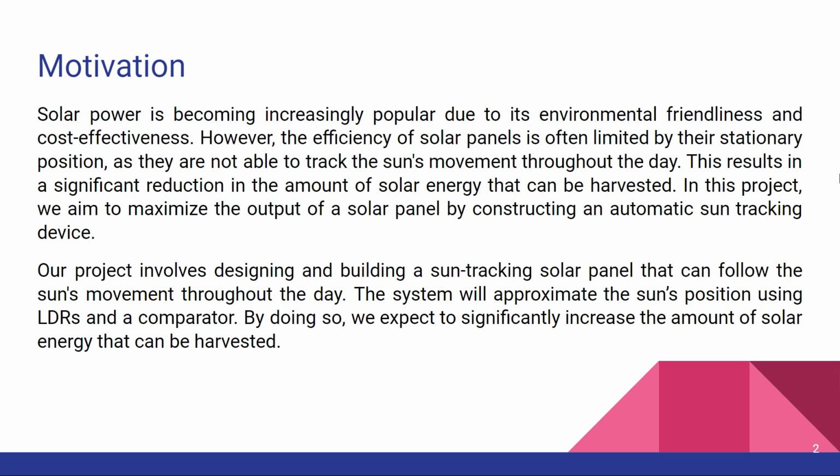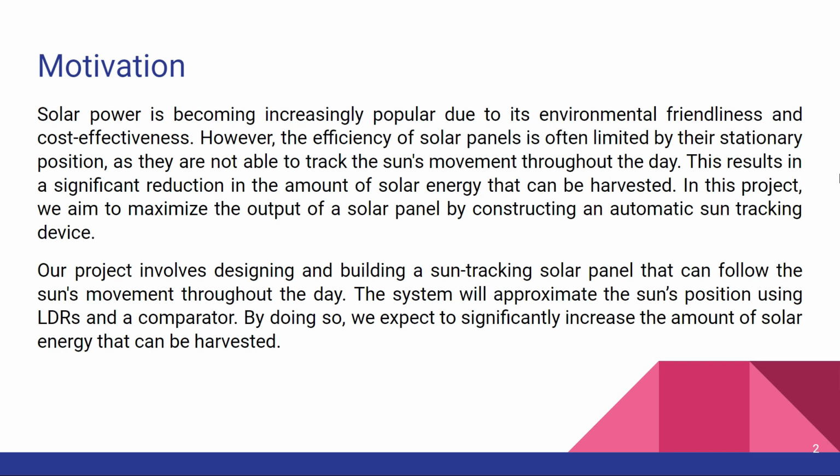Studies have shown, as we have quoted within our presentation, that stationary solar panels produce up to 25% less power as compared to ones that track the sun's movement. This stationary configuration results in a significant reduction in the amount of solar energy that can be harvested.